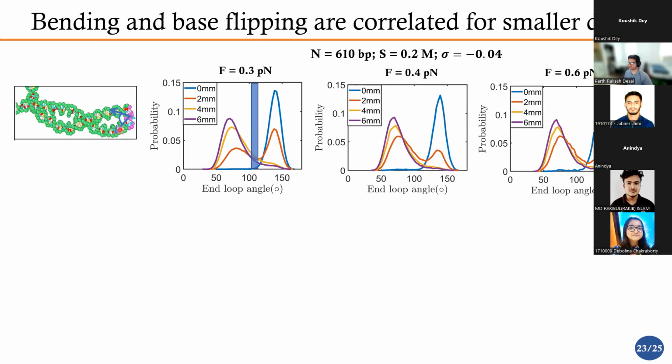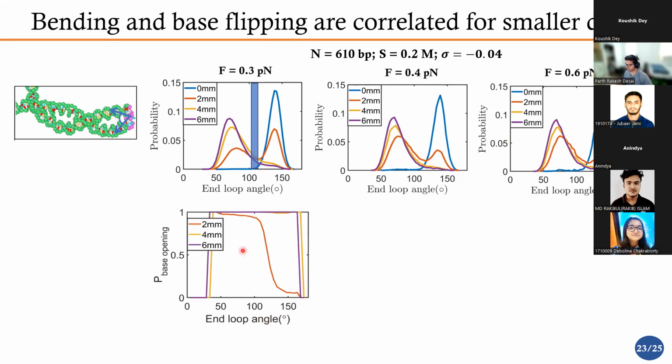So we can find a direct correlation between the bending of the end loop and the base being flipped out, and we directly quantify that correlation. You can see that for the 4 and 6 mismatch case, for every end loop angle, the probability of the base being open is 1.